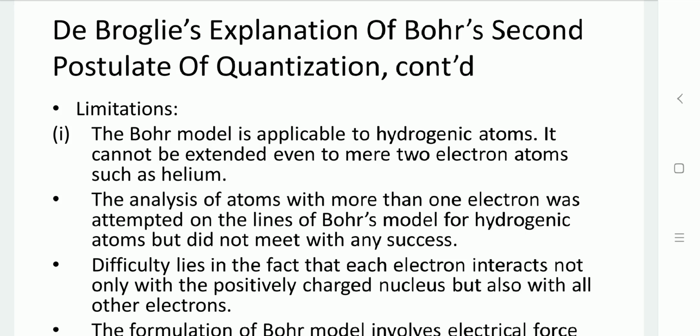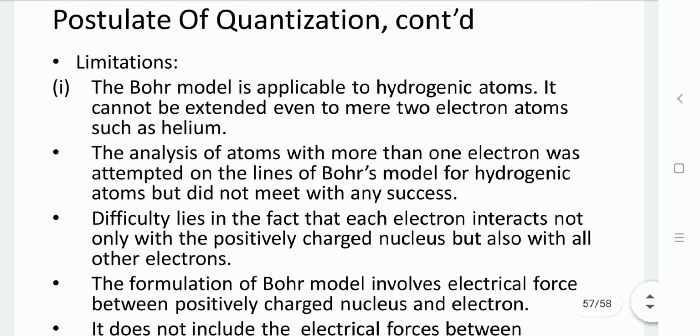So the difficulty lies in the complexity increasing, as an electron interacts with a larger number of electrons. Each electron interacts not only with the positively charged nucleus but also with other electrons.